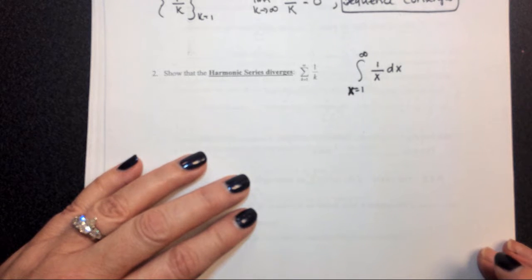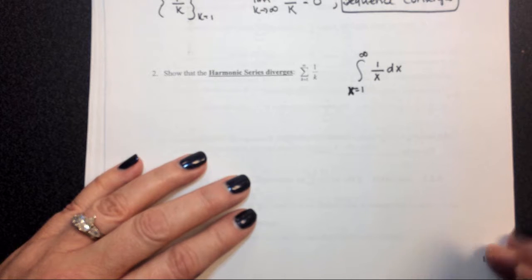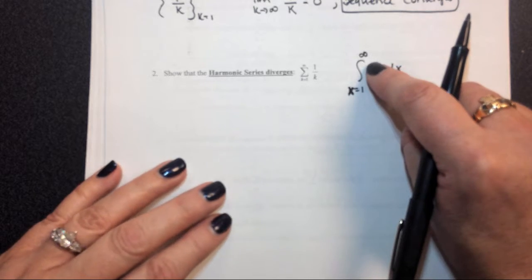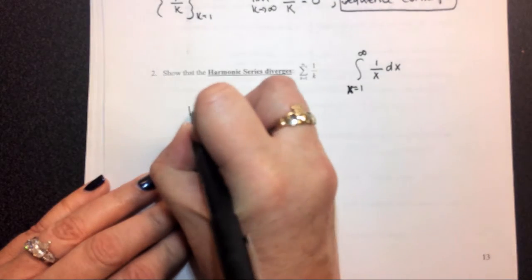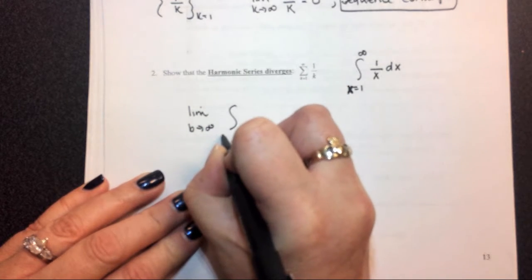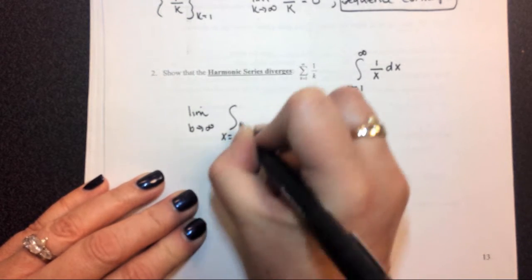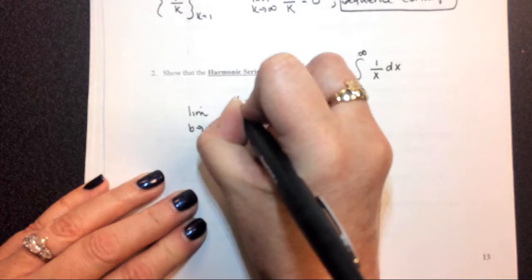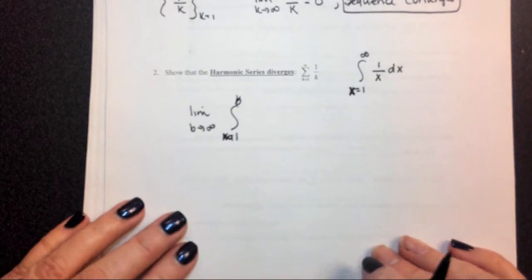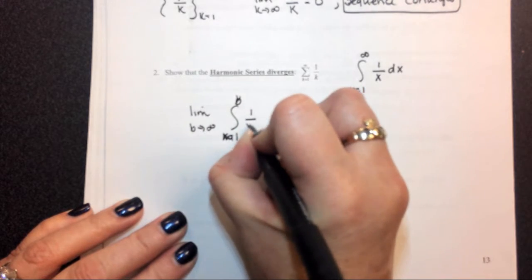So this goes back to your favorite chapter 7, using the improper integral. When you have an upper bound that's infinity, what are we going to do with this integral? We're going to rewrite it as the limit as b approaches infinity of the integral from 1 to b of 1 over x dx.